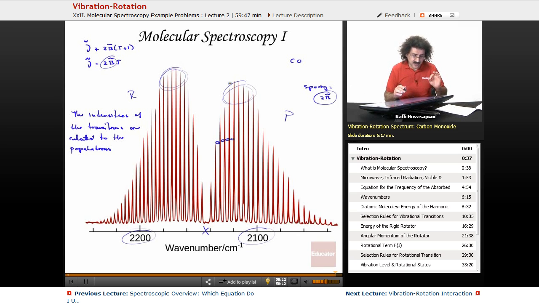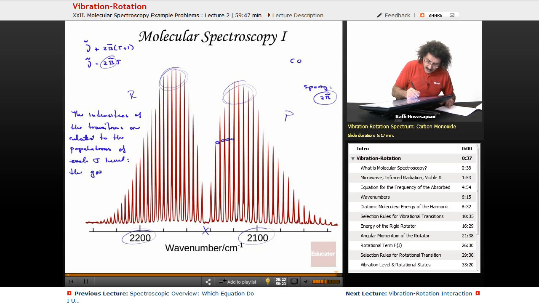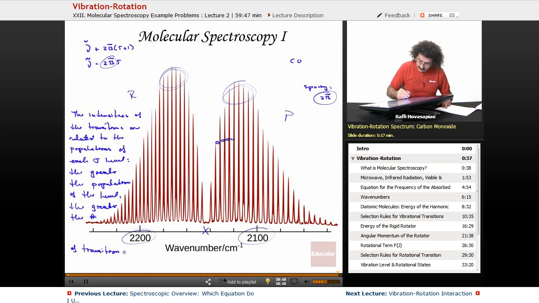Okay, so let me say that again. The intensities of the transitions are related to the populations of each J level. The greater the population of the level, the greater the number of transitions. Therefore, the more intense the line.